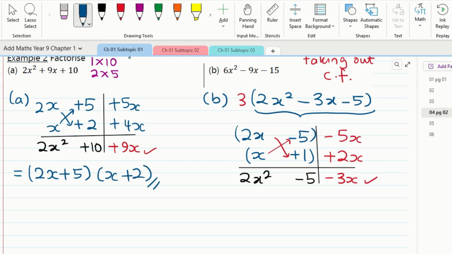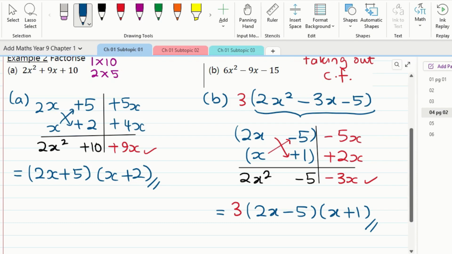So you will have (2x minus 5)(x plus 1). But don't forget that initially in the first step, you already took out 3 as the common factor for this expression. So you also need to bring 3 into your final answer for this factorization.